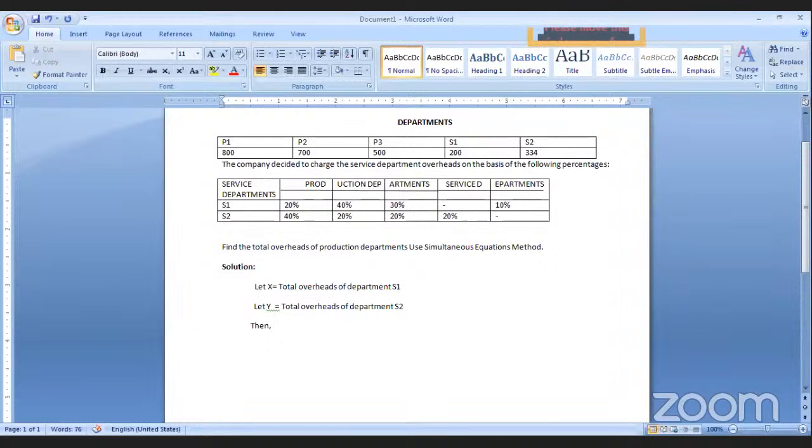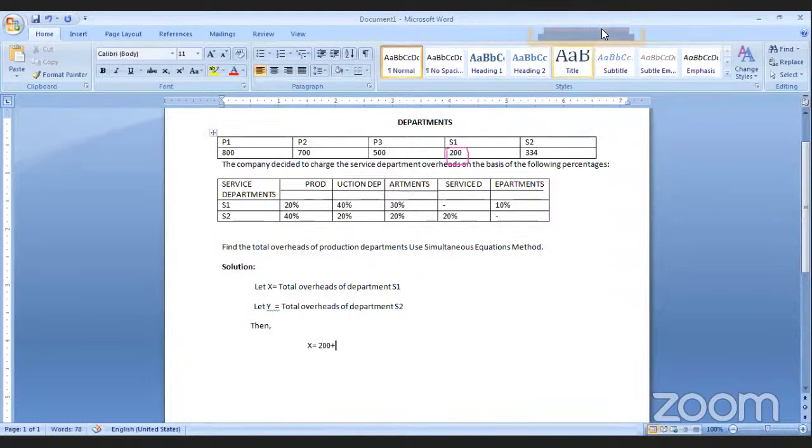Now you see. X is equal to, how will it come? Opposite to S1, how much amount is there? 200 rupees is there. That 200 rupees is constant, it will not change. So X is equal to 200 plus.